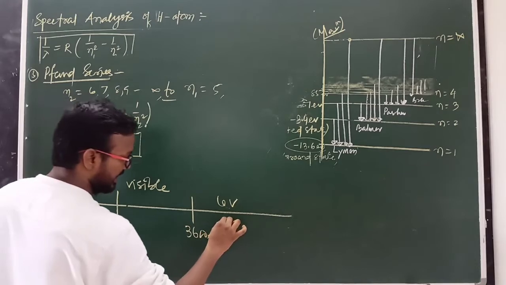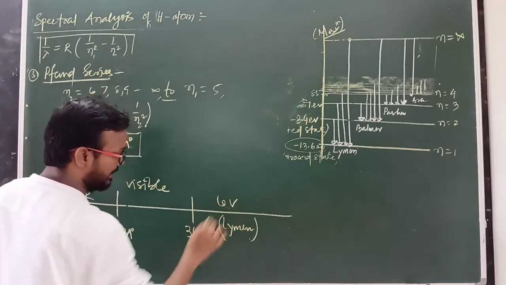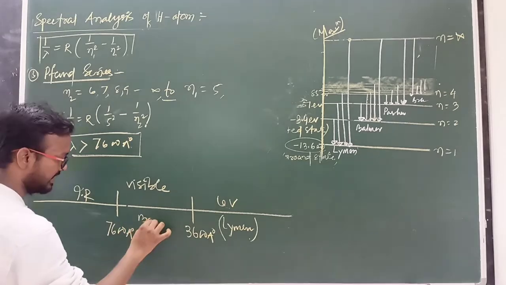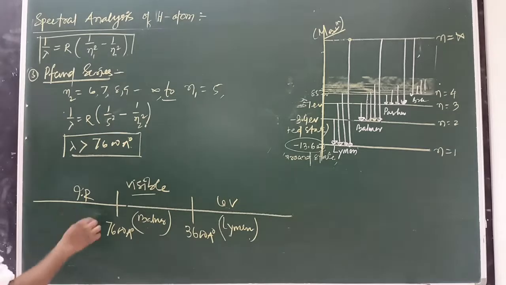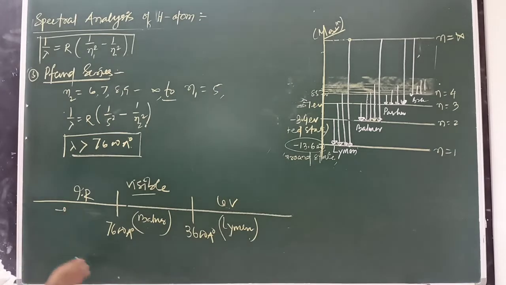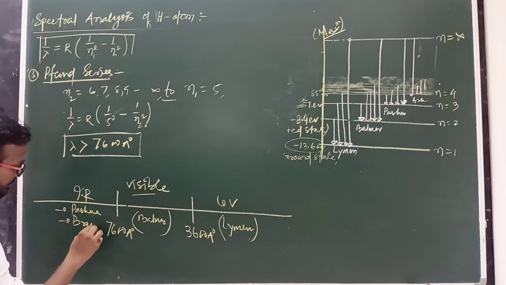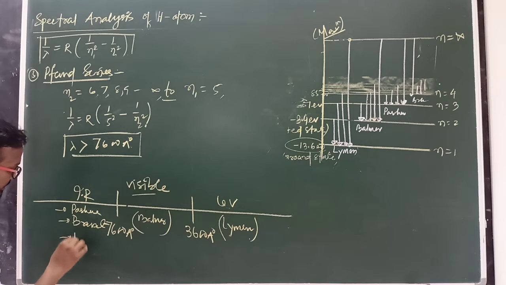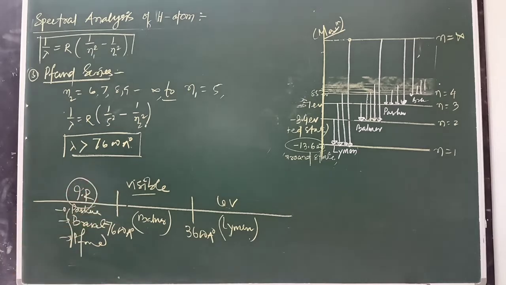And here we get Lyman series. Lyman series lies in the ultraviolet region, then Balmer series lies in the visible region, and the rest of the series, Paschen, Brackett, Pfund, lie in the infrared region. Clear? These are all about the spectral lines of the hydrogen atom.